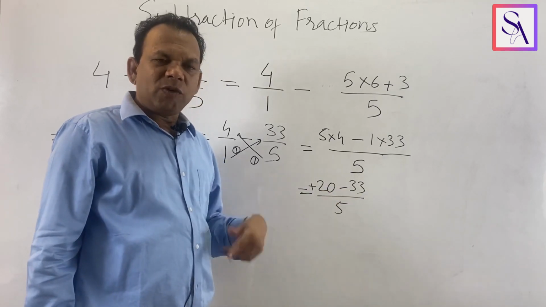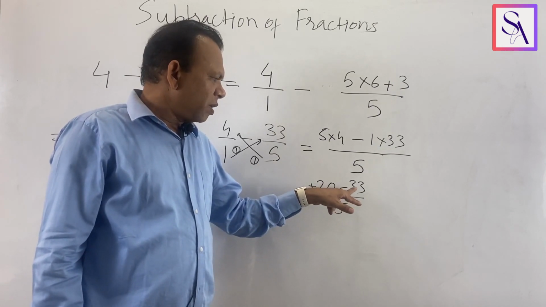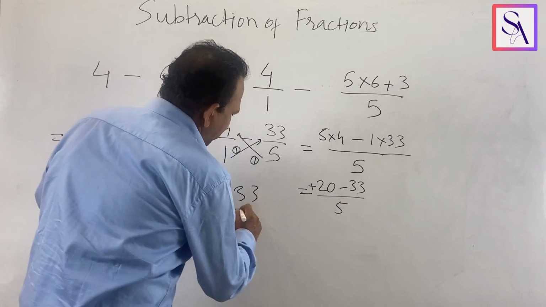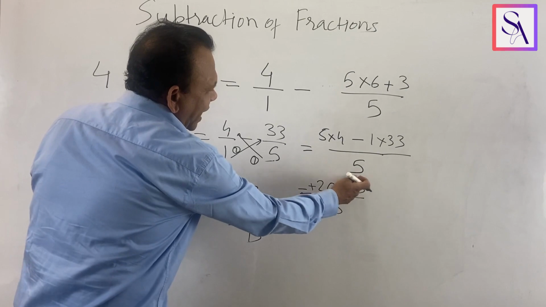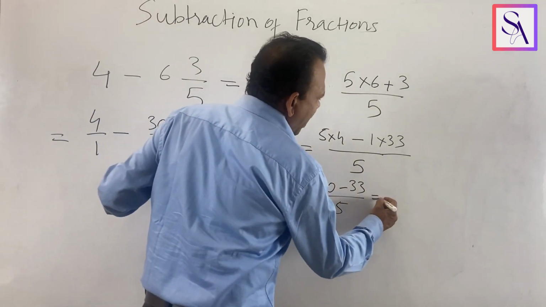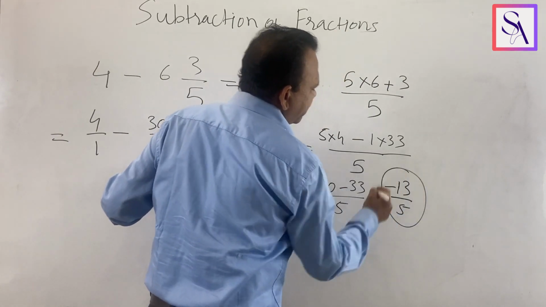But in mathematics you can do that. So how to do that? You just subtract 33 minus 20, which is equal to 13, right? And give the sign of greater number. 33 is the greater number, so minus is the sign. So minus 13 by 5 is the answer.